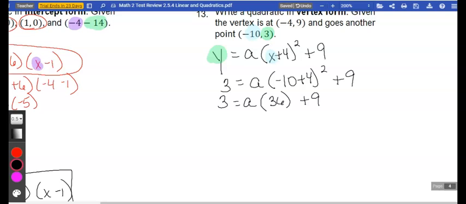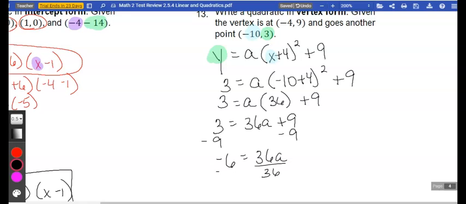Now, this is just like writing 3 equals 36A plus 9. I have to subtract 9 on both sides. Don't get this mixed up. Don't divide by -6. You're going to divide by the coefficient of A. So divide by 36. Even if it's a fraction, it doesn't matter. So A equals -6 over 36, which is -1/6.